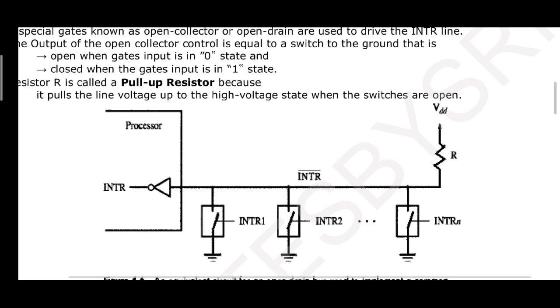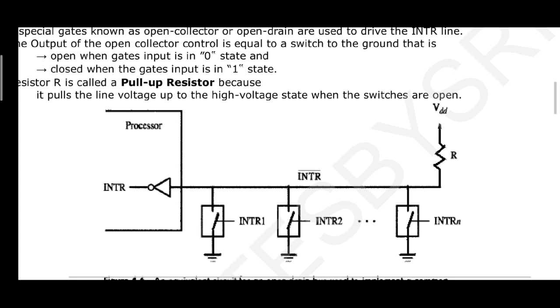INTR1, INTR2 and INTRN are the n number of devices connected through a common channel to the processor. All the interrupt requests are carried through a common channel. Please remember, each peripheral has its own address value, so through its identity or address value, the device will be identified.